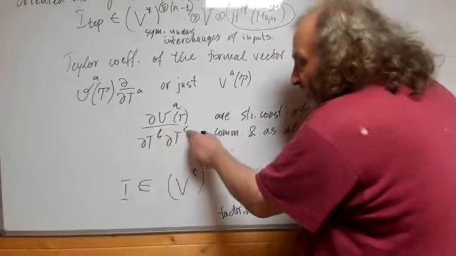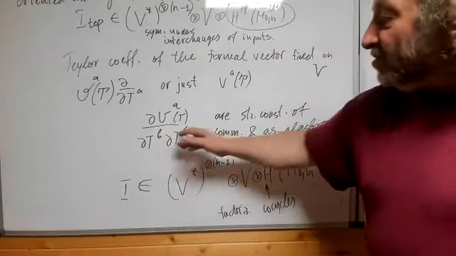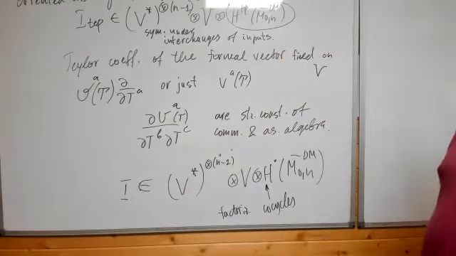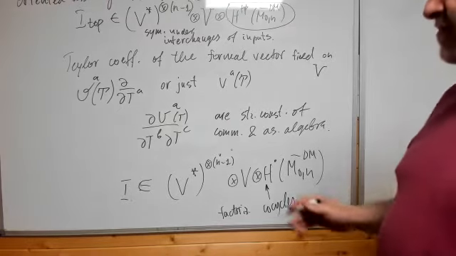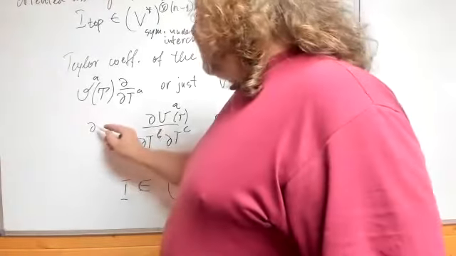The fact that they are commutative is clear because partial derivatives commute. The fact that they are associative is less trivial.